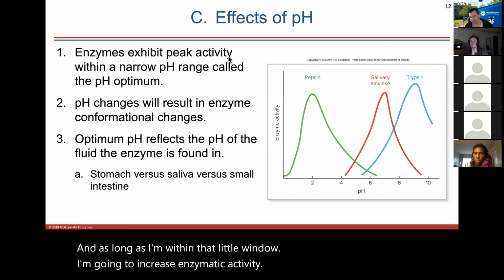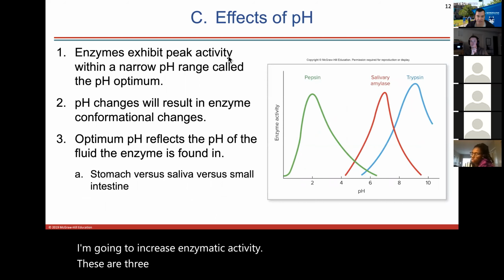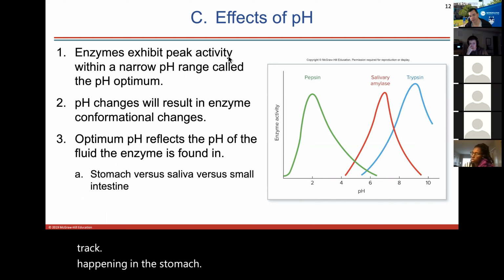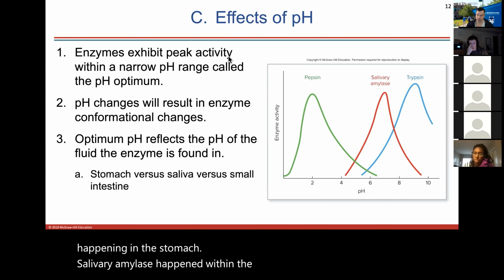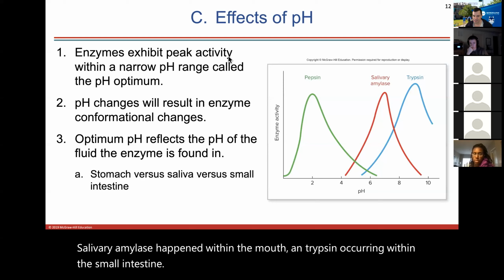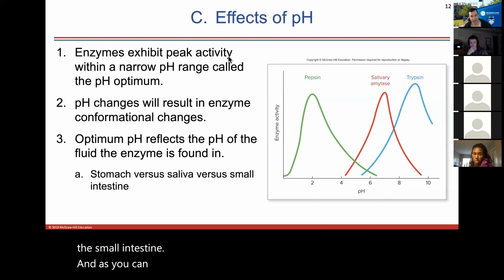These are three different secretions by the digestive tract. Pepsin happening in the stomach, salivary amylase happening within the mouth, and trypsin occurring within the small intestine. And as you can see, each one has an optimal pH for which to function within.